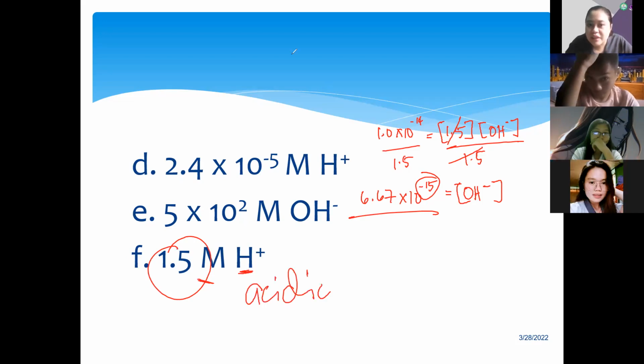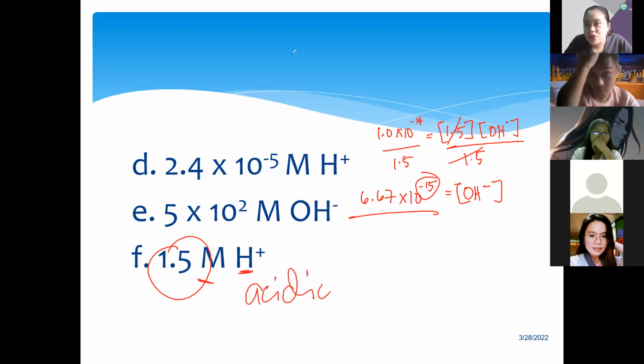I hope you got the correct answers from letter D to letter F. Any question with the computation of the hydrogen ion and the hydroxide ion? This is one way of knowing whether a substance is acidic or basic.